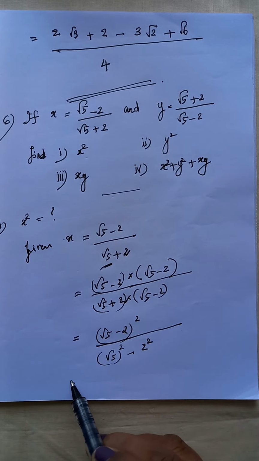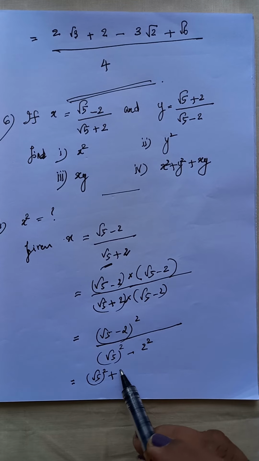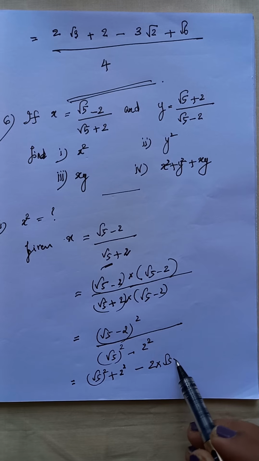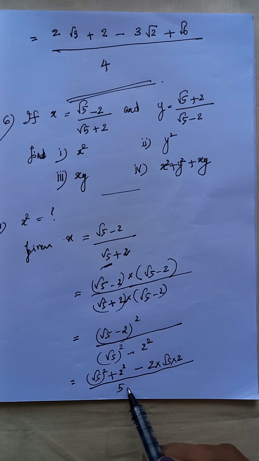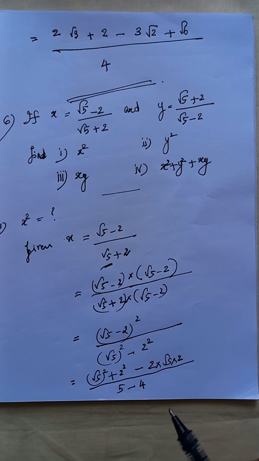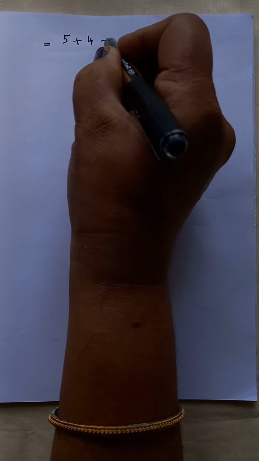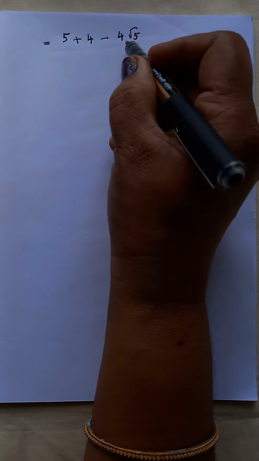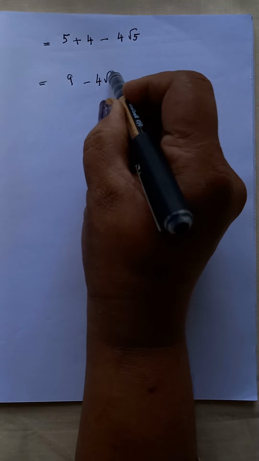That is equal to root 5 square plus 2 square minus 2 into root 5 into 2, divided by root 5 square is 5, 2 square is 4. So this is equal to 5 plus 4 minus 2 into 2, that is 4 root 5, divided by 1.